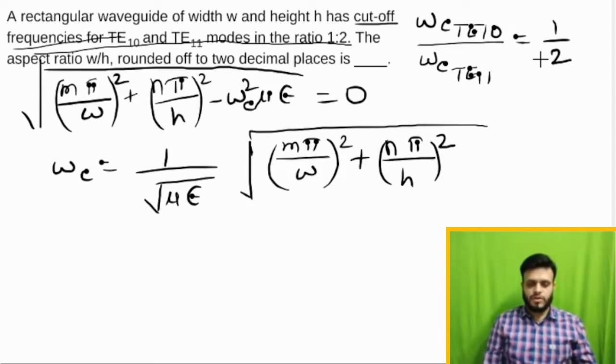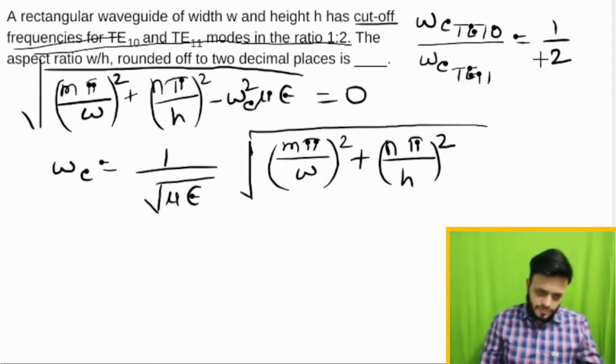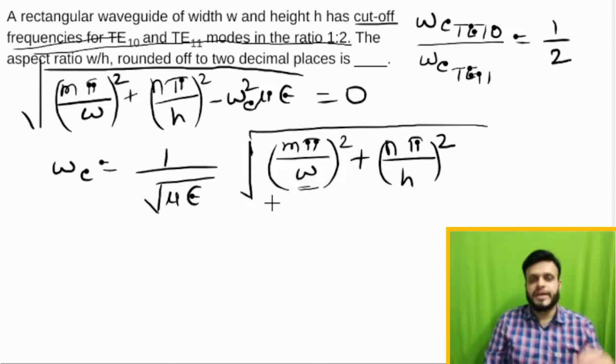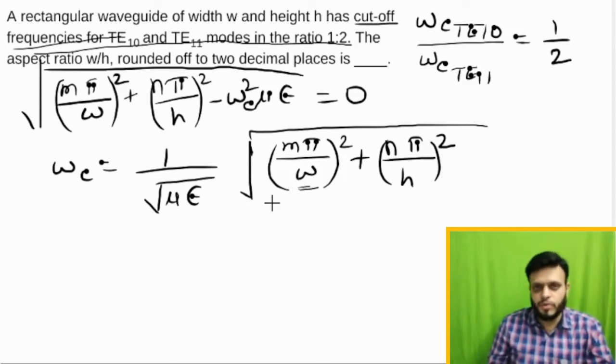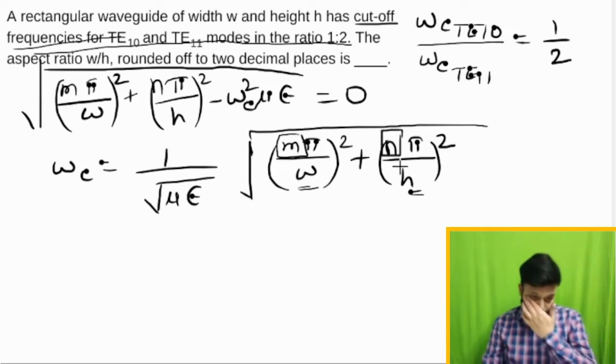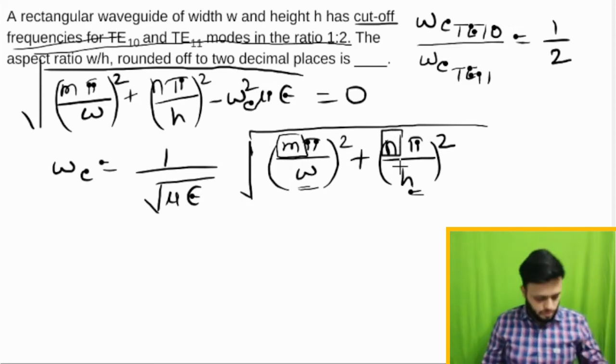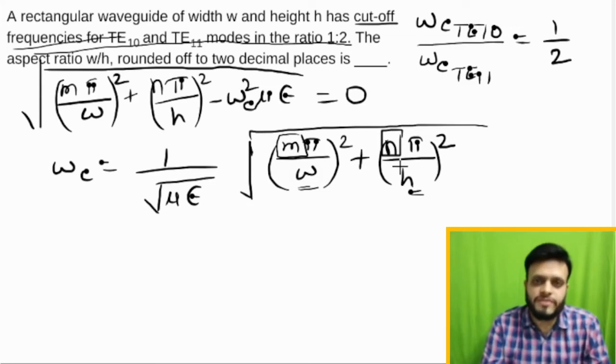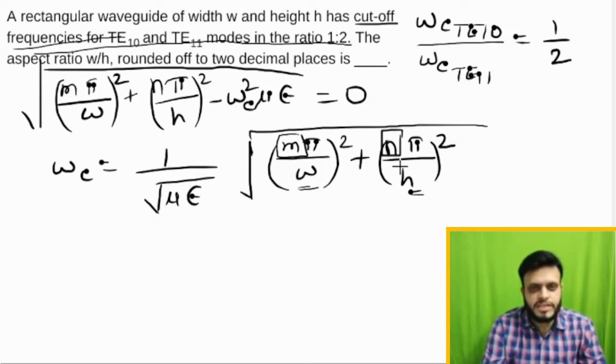Now obviously we can conclude that w and h will not depend on any mode, because they are dimensions of your waveguide. So now the m and n values are dependent. If you want to know more detail about the dominant mode and different modes of transmission of waveguides, I have discussed this in detail in the solution of the electromagnetics waveguides problem which appeared in 2021. So you can go there.